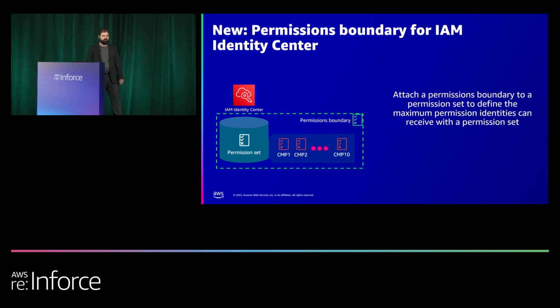And so this allows you to define the maximum amount of permissions they're able to receive. And so, when you create a permission set with a customer managed policy as a permissions boundary, you must ensure that the customer managed policy has been deployed into all of the accounts that will be using that as a permission boundary.